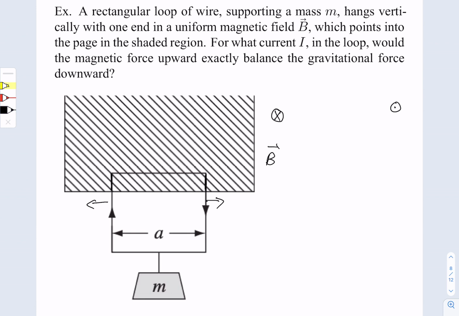Now for the bottom side, if the current flows along this line to the right, then you can calculate the force should be upwards, according to the form F equals QV cross B. And then the magnitude of this force should be QVB, because the B is perpendicular to the current direction.